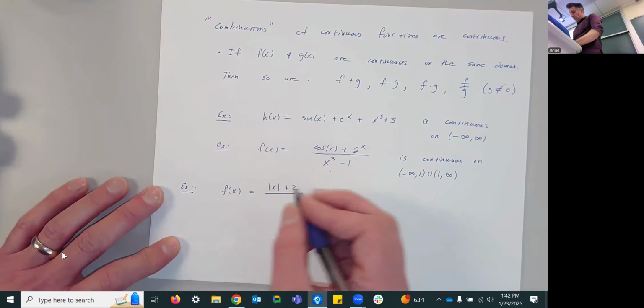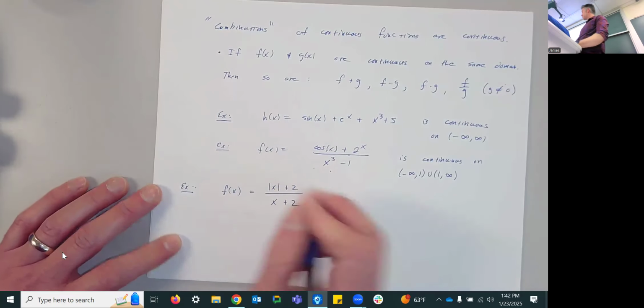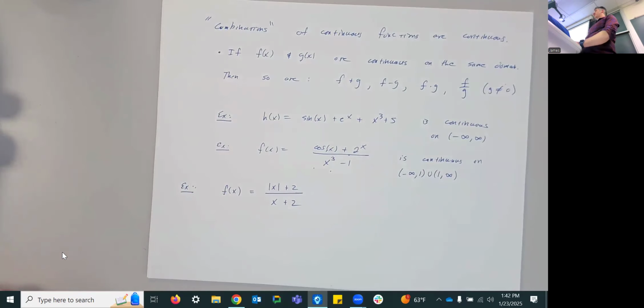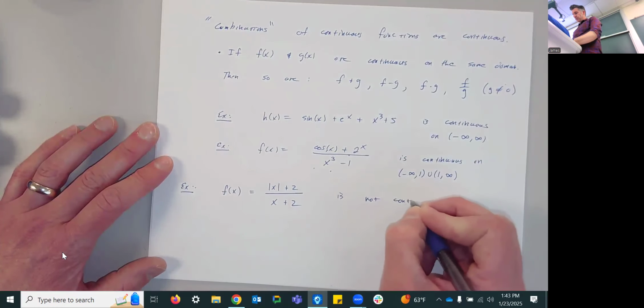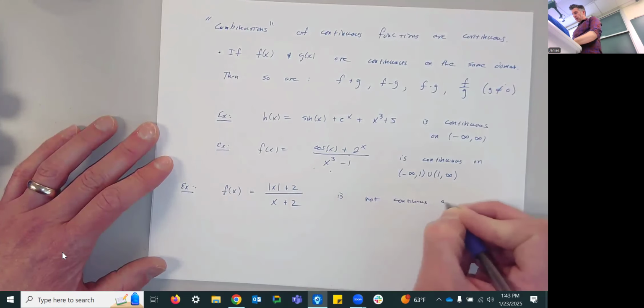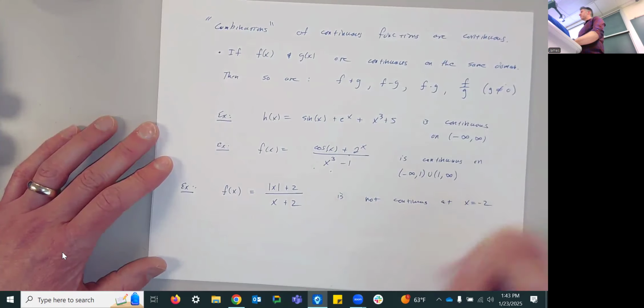Sorry, I was trying to think of something funky and fine, we'll just deal with that. The absolute value of x plus 2 over x plus 2. Definitely not going to be continuous. Definitely not continuous at x equal to -2.